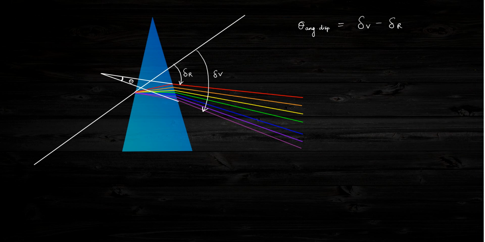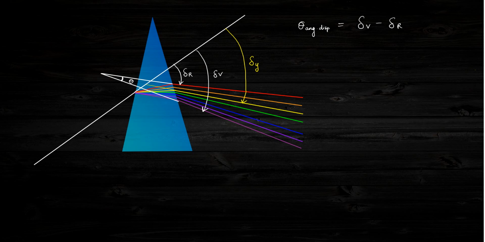We consider the yellow light to be towards the center of the spectrum and hence the deviation of yellow light is considered to be the average deviation. So let us say this is the yellow ray, that the deviation of the yellow ray of light is going to be considered as the average deviation, that is delta yellow.